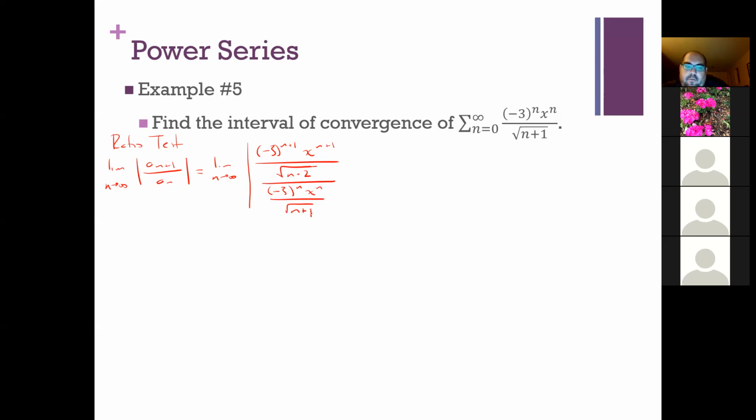All right, got the ratio test set up. Now what? Break up the top. Yeah, so all of the n plus 1 side of this, I can break this up. So I get -3 to the n times -3.